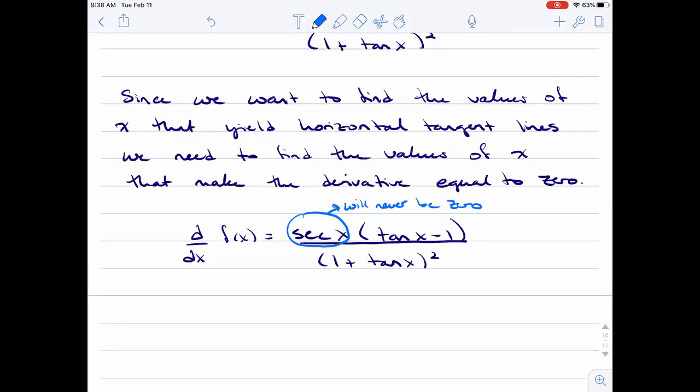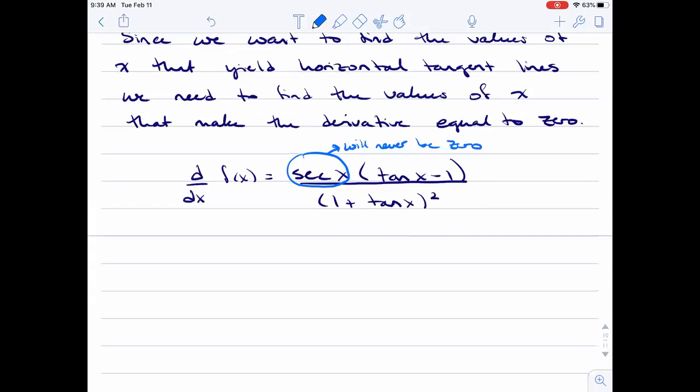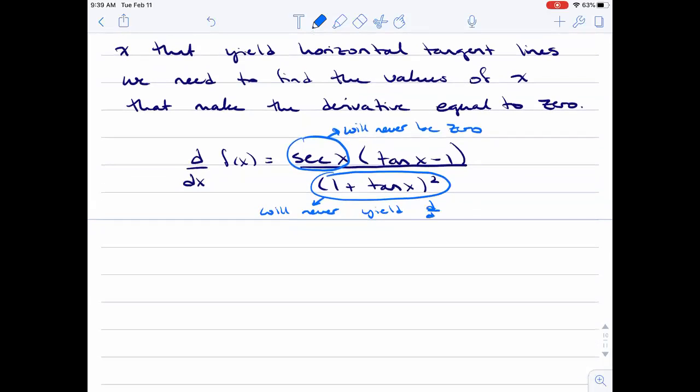There's nothing that the denominator could do to yield a 0, right? Even if you set it to 0, then you're dividing by 0, and that can't be done. That's illegal math. And so this will never yield d dx f of x equal to 0.